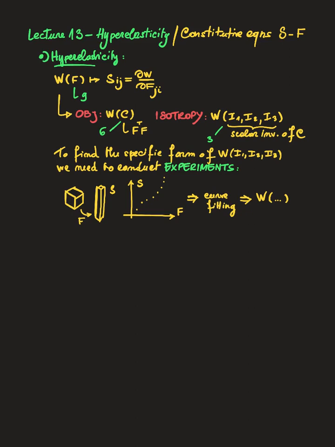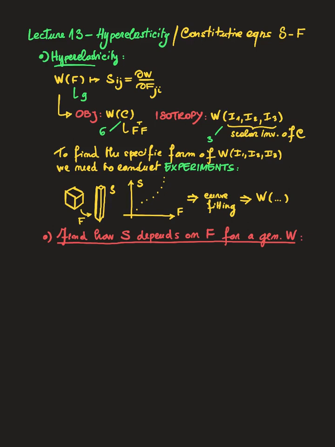So in this lecture, the task is to find how S depends on the gradient of deformation for a general W. This will be a little bit technical, but still very important, because if you have to model rubber, or silicone, or, I don't know, a fiber reinforced material.